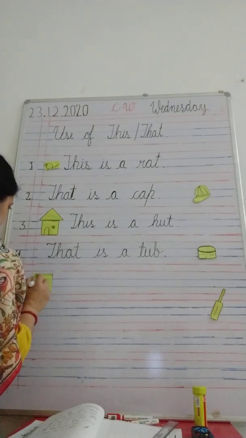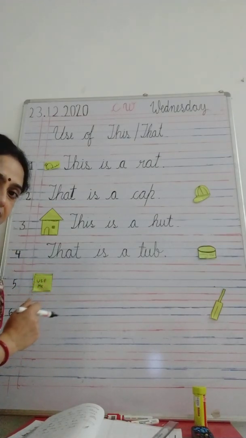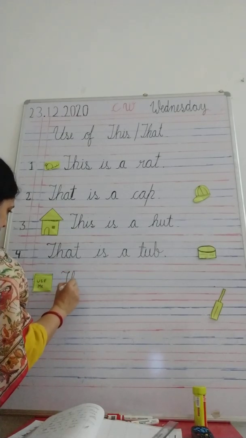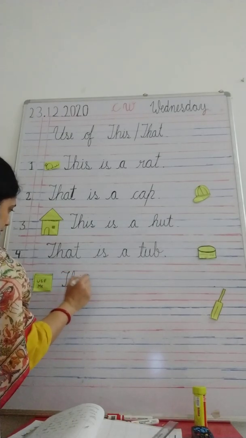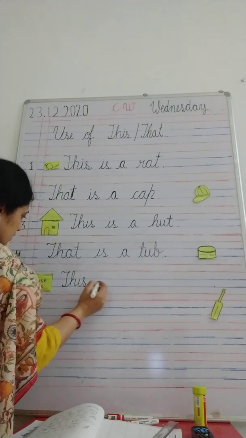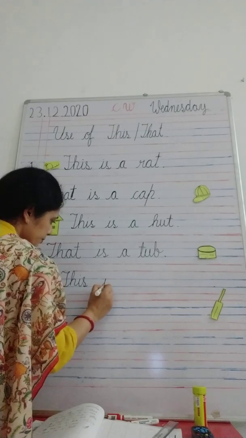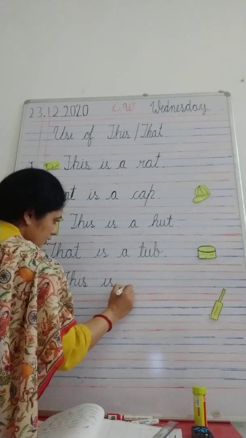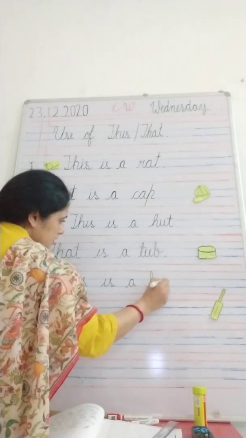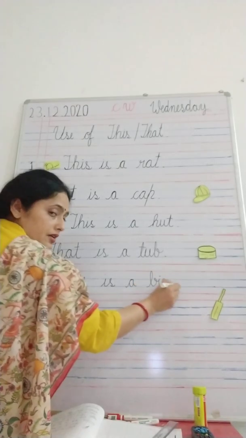This is a bin. Where do you throw the waste? We throw the waste in the bin. So this is a bin. This is a bin.